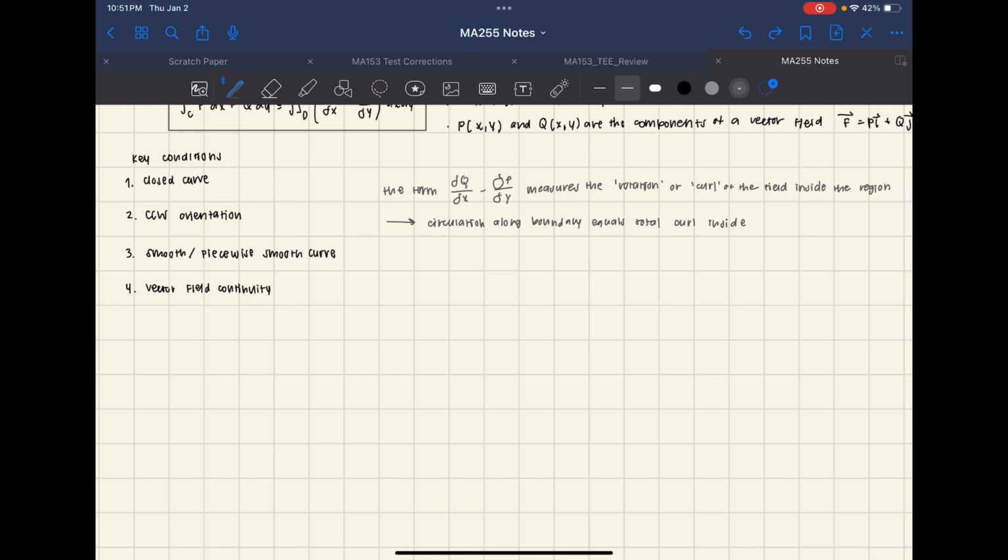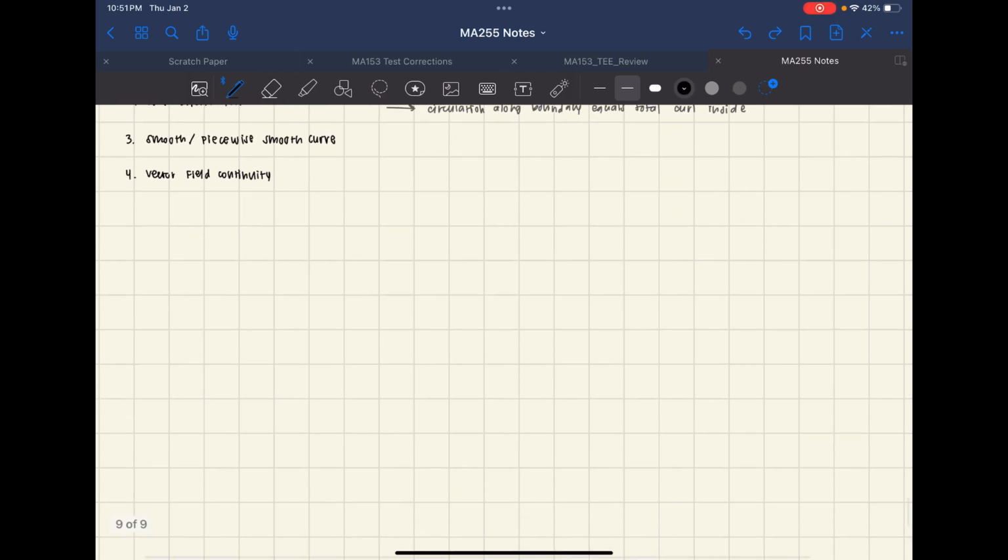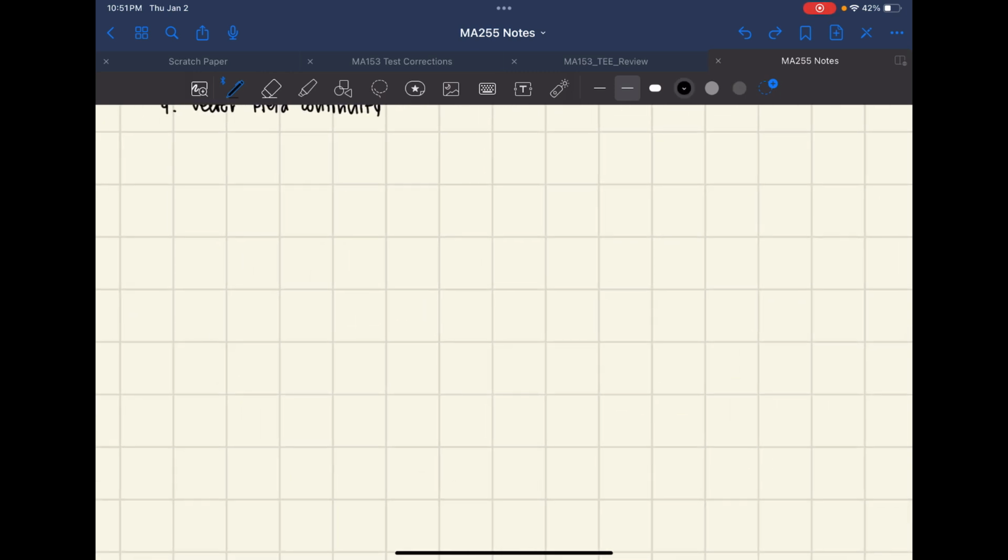Okay, let's look at a few examples, starting with this given graph. Here you can see that it's closed and it is going in the positive direction, so we are able to apply Green's theorem.